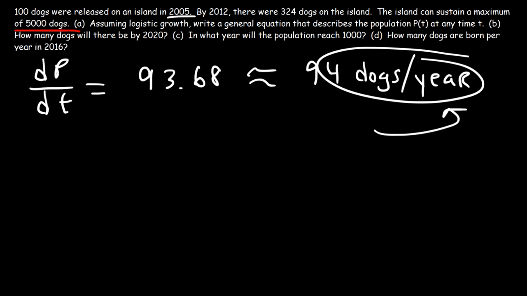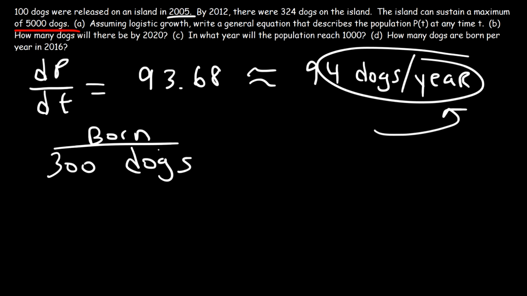So to really figure out the number of dogs that are being born per year, you have to know how many are dying that year. So let's say if 300 dogs are born in 2016, how many dogs are dying in 2016?